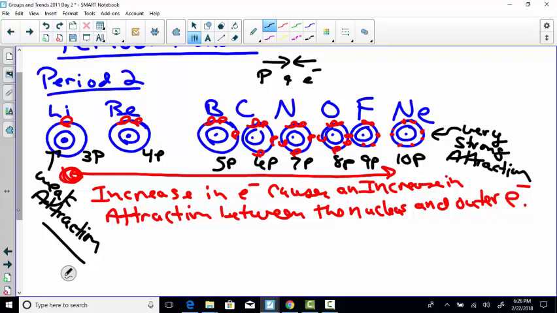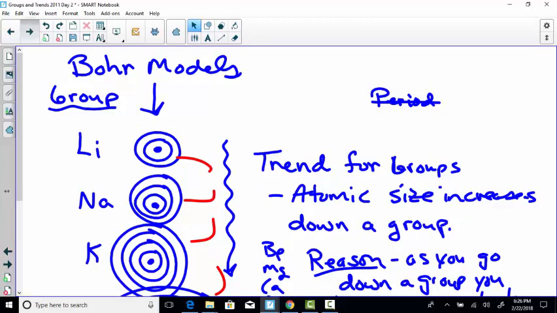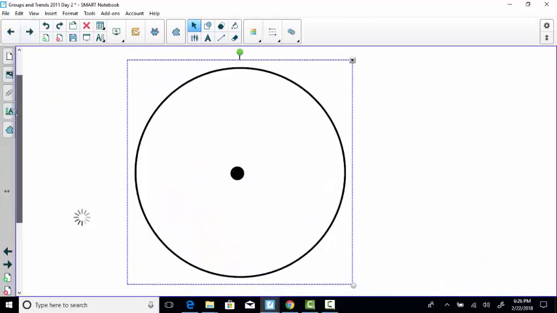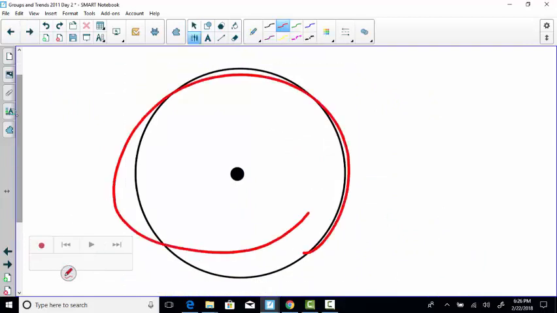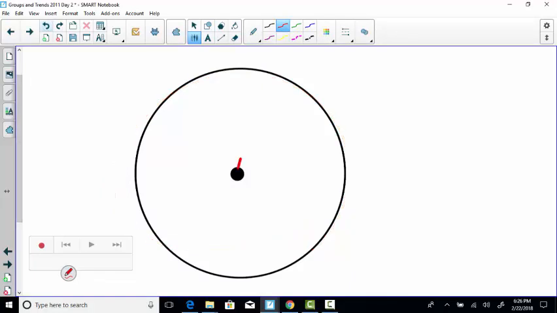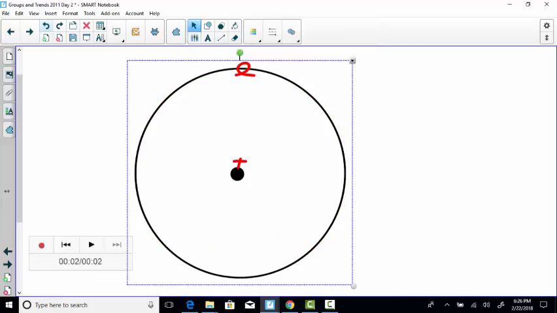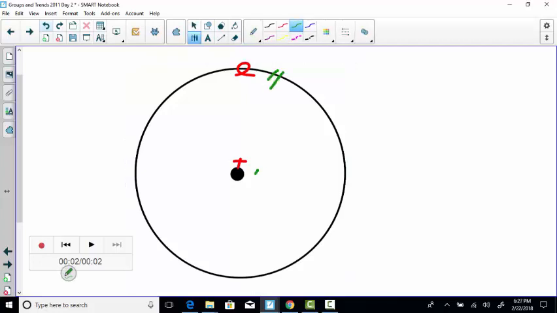Well, if you consider that these are going to be attracting each other, what's going to happen is this here is my outer ring. I didn't put the inner ring. So this is positively charged, and I have electrons here. Well, there's going to be a slight attraction between this outer electron up here and this nucleus.